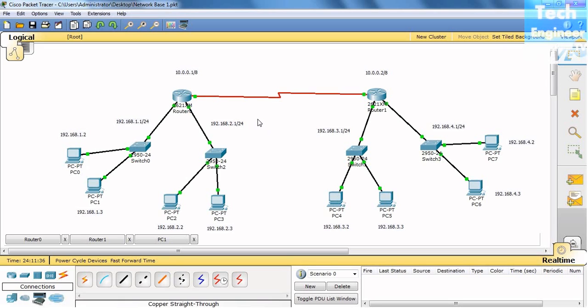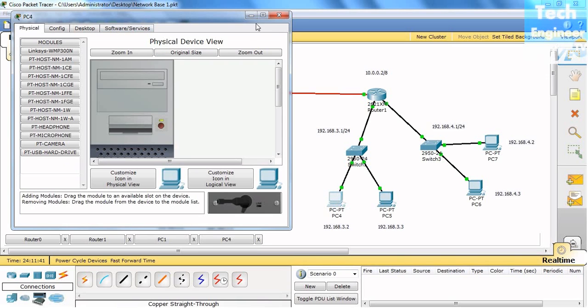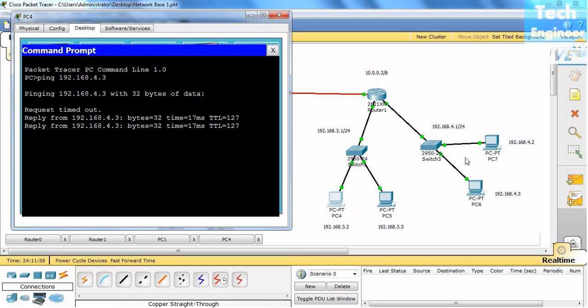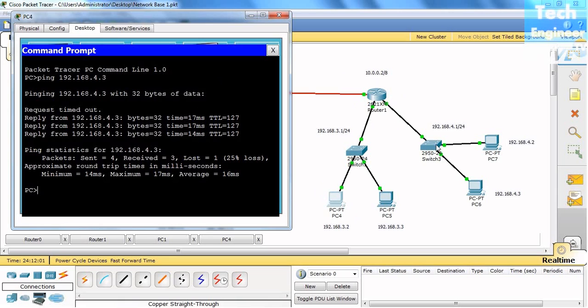So I hope you learned something about LAN networks, because LAN is all about communicating within our own network. For example, let me ping 192.168.4.3. It will ping the 4.3 network because this particular PC is connected to this router, and these are native networks of this router, but it will not ping 1.3.